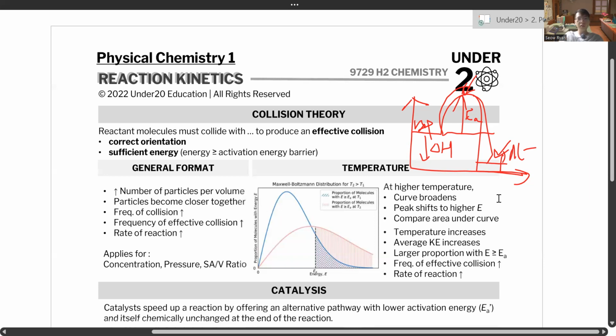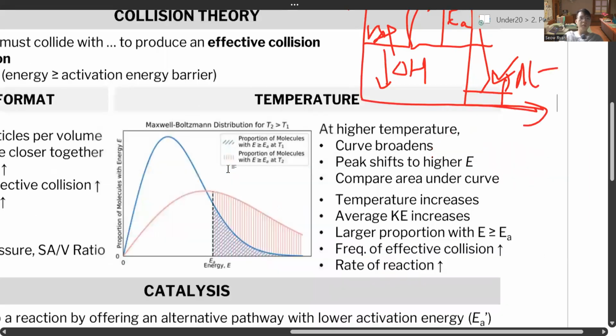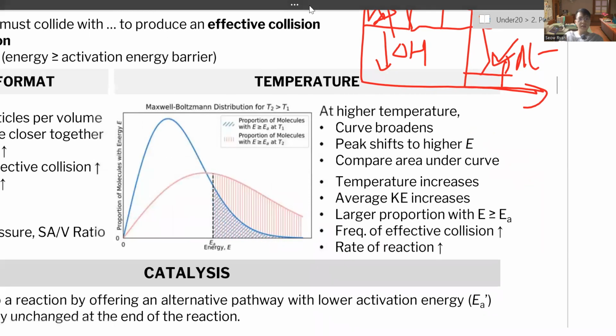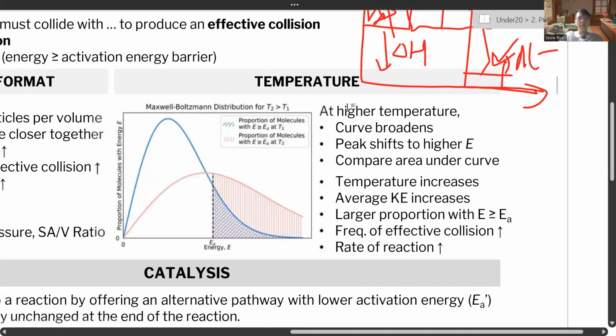Temperature follows the Maxwell-Boltzmann distribution, which has this general shape over here. This graph was coded in Python. Generally at higher temperatures, the curve will broaden. There are two colors here, the blue one and the pink one. The pink one is at higher temperature.